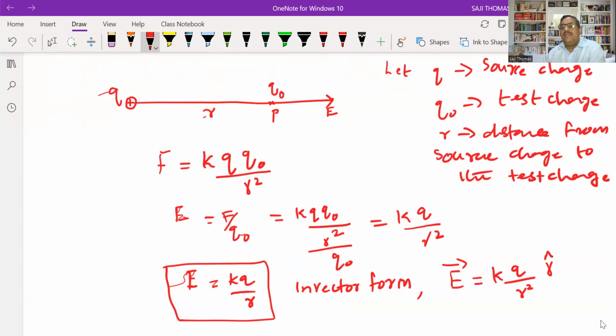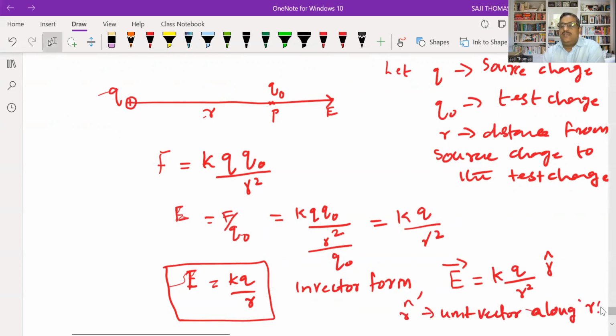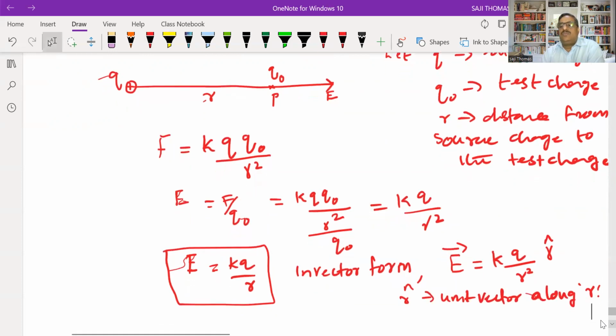What is R cap? It is a unit vector along the direction of R. So this is the electric field equation in vector form.